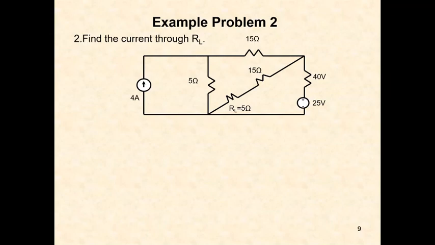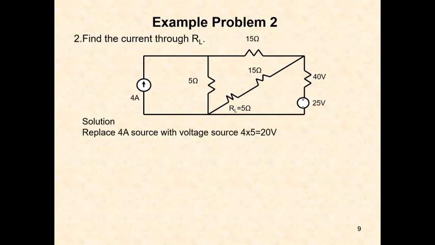A voltage source and a 40 ohm resistor are in series, and a 4 amps current source is in parallel with the 5 ohm resistor.